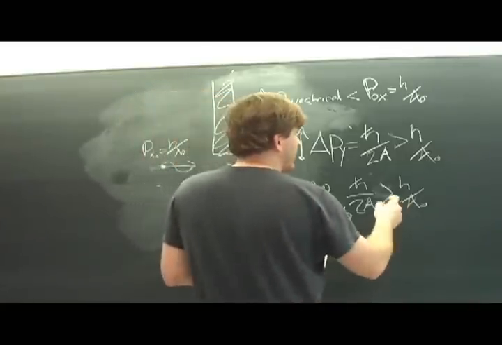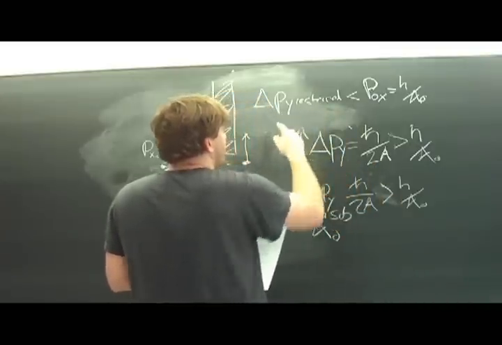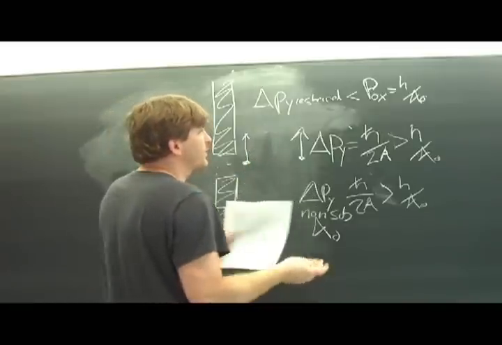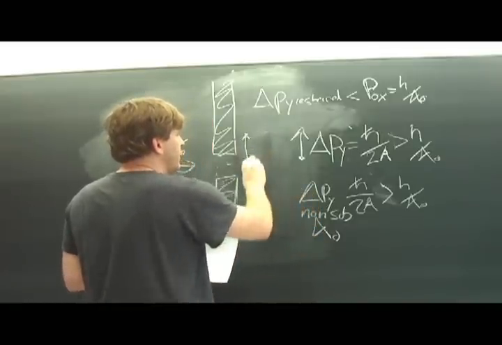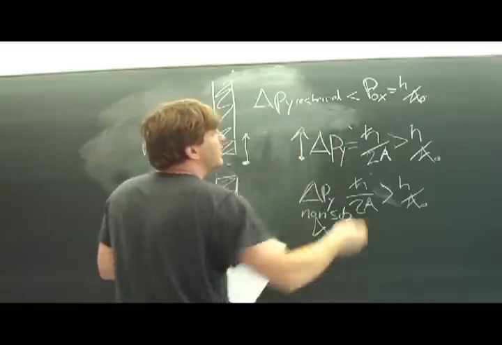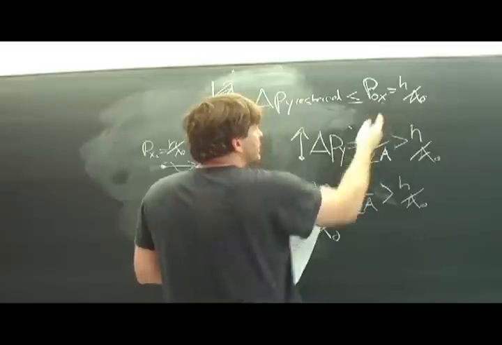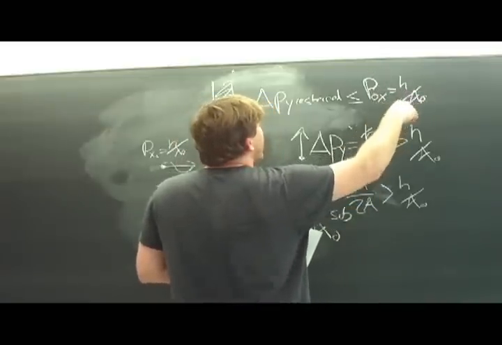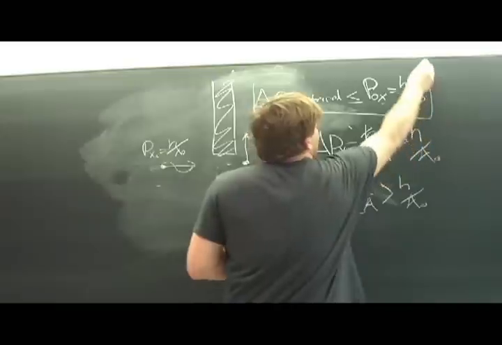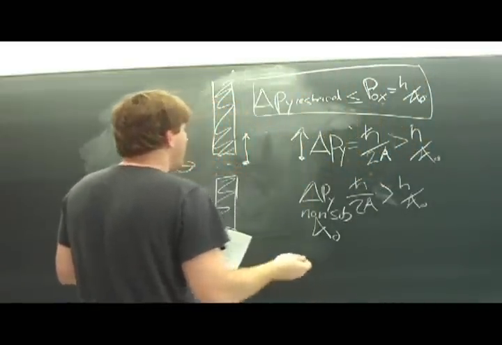But the case that we actually have to deal with here is this. So there's still an uncertainty, there's still a deflection, but the uncertainty has been restricted, so the maximum vector you can have is just this one tilted. So you have delta Py restricted is less than or equal to the original momentum, h over lambda-naught. So this is the correct equation to use for a sub-wavelength aperture.